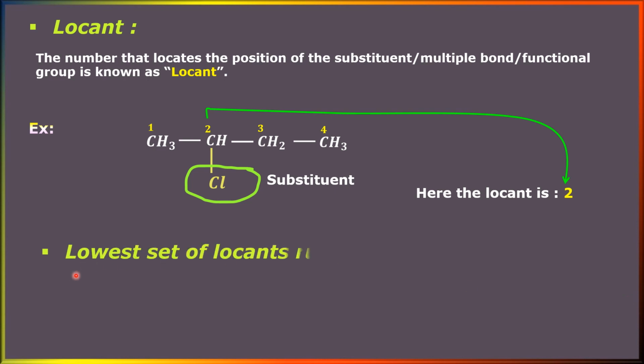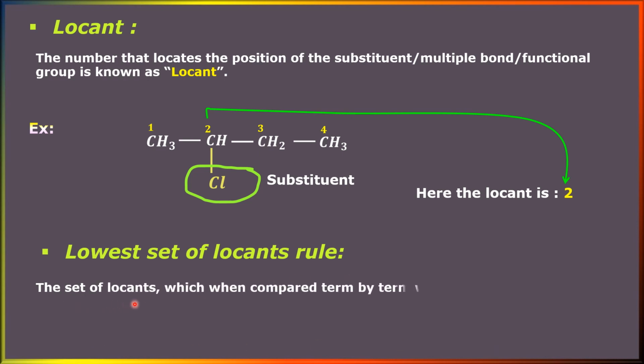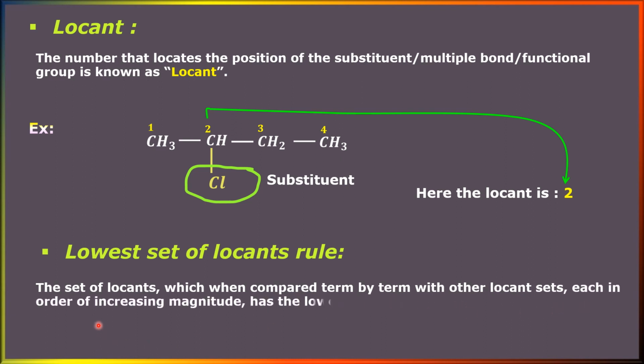And I will use the lowest set of locants rule when more than one substituent or double bond or functional group is there. The rule states: the set of locants which, when compared term by term with other locant sets, each in order of increasing magnitude, has the lowest term at the first point of difference.